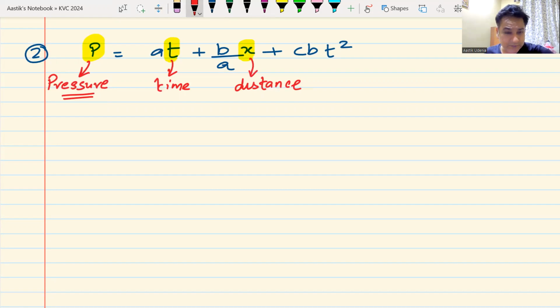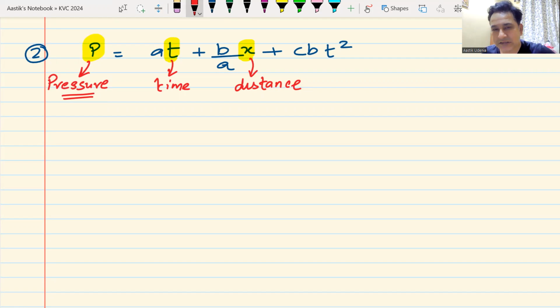Even after that, there are three physical quantities which are unknown. What are those unknowns? The unknowns are A, B, and C. And the question is pretty straightforward.